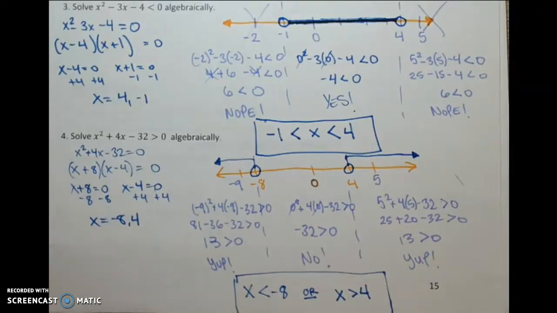Set it equal to 0, solve for negative 8 and 4, put it on a number line, test the number to the left of negative 8, or less than negative 8, like negative 9, test a number in between negative 8 and 4, like 0, test a number greater than 4, like 5, and you'll see that it works. Anything less than negative 8 and greater than 4. It does not work in the middle this time, so this time you write your compound inequality as x is less than negative 8 or greater than 4.